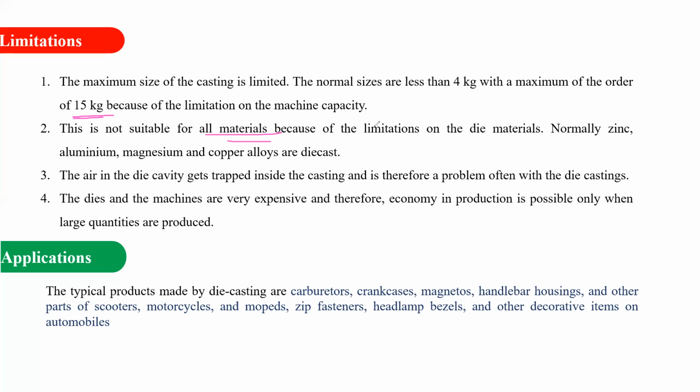You cannot find a parting line in the die casting process because both the mobile and fixed die halves are closely fitted. The air inside the mold cavity has to come out, but in some cases it won't, and it will create porosity and other defects.